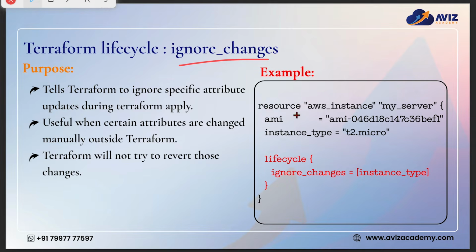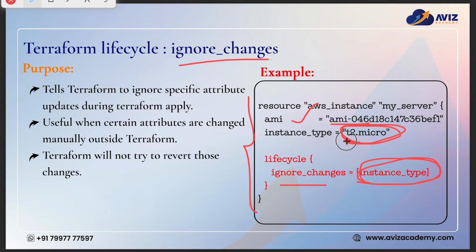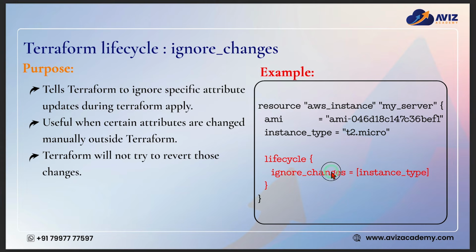As per this Terraform script, whatever changes happen on this instance type, that means this T2 micro, in place of T2 micro, if I give T3 micro or something else, it is going to ignore the changes. If I am changing AMI, it will take effect. But if I make any change on this particular configuration, it is not going to take effect.